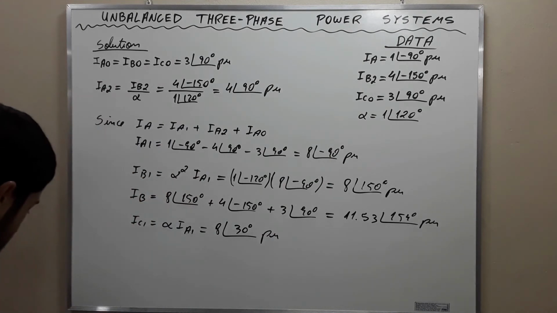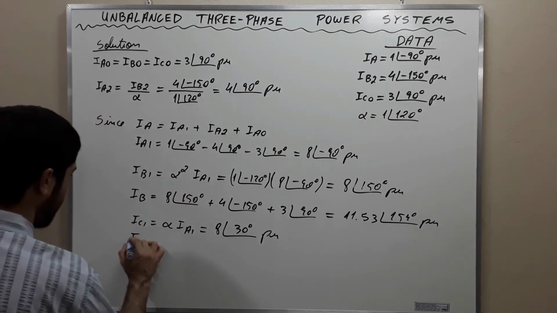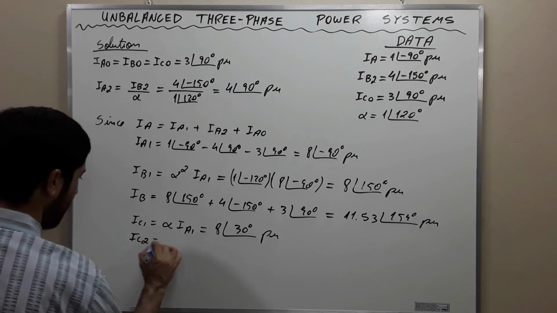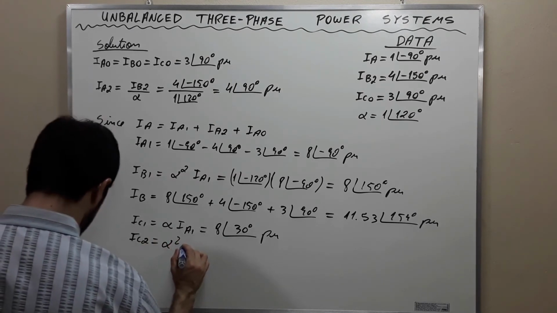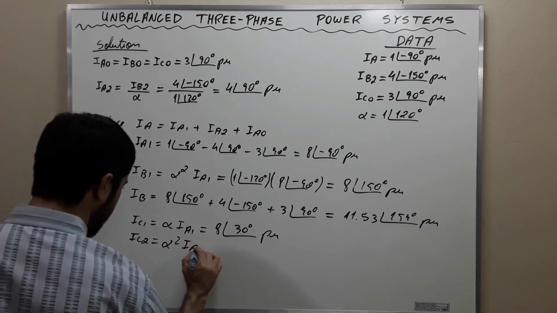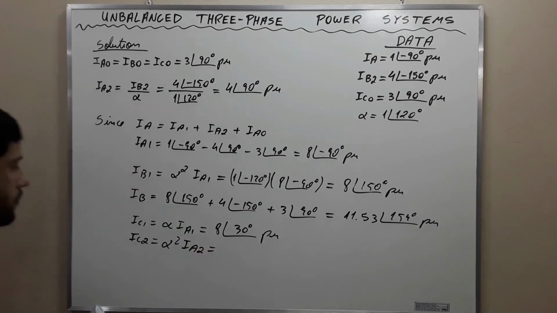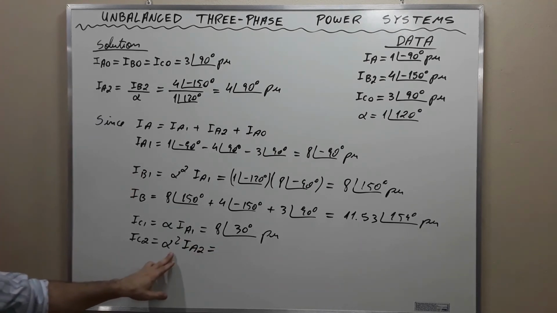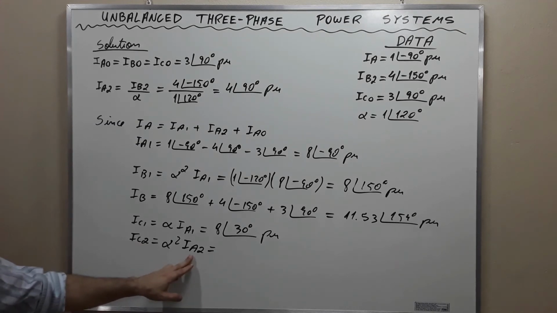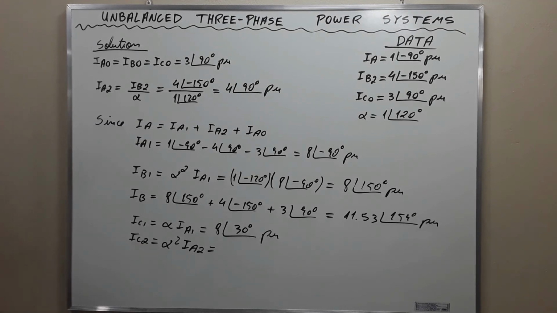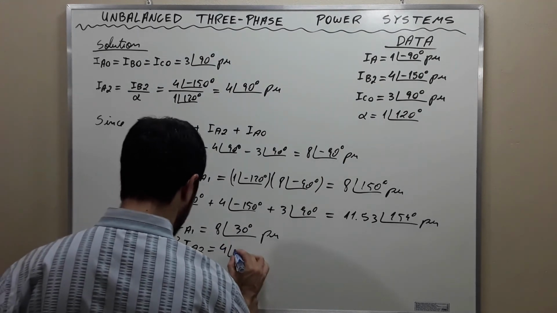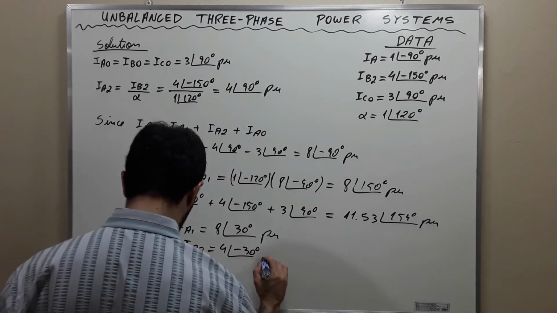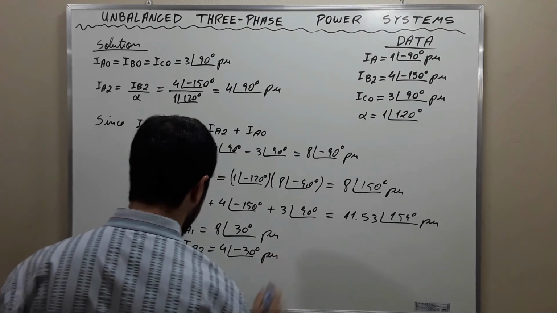And for the negative sequence current, we find alpha squared times IA2, okay? IC2 lags IA2 by 120 degrees, and we find the value of 4 phase minus 30 degrees per unit.